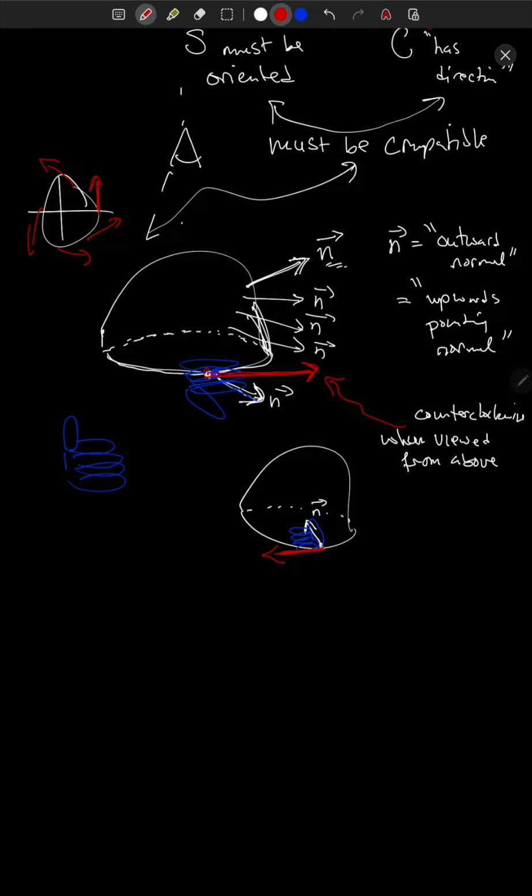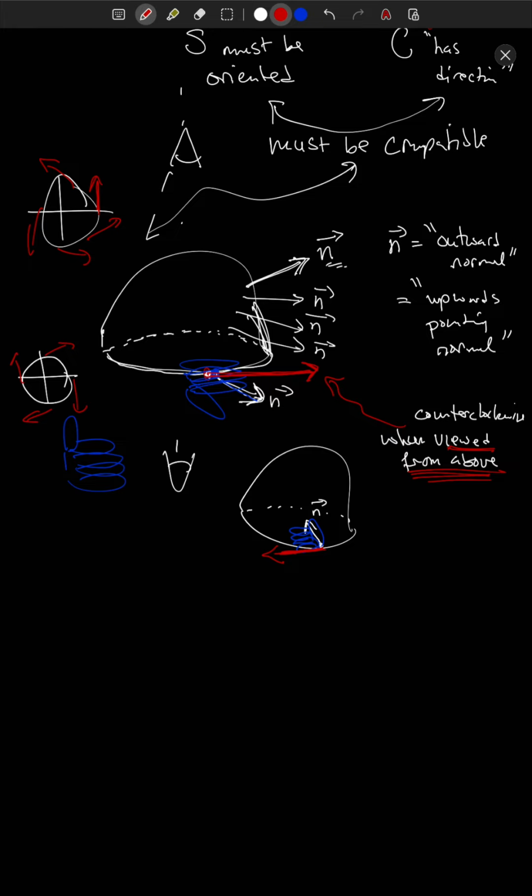It's very important that I said the words viewed from above, because if I put my eye down here and view it from below, I'm still going to see the circle, but it's going to be clockwise. I think the book is a little sloppy about this. If they just say counterclockwise, they mean counterclockwise when viewed from above.